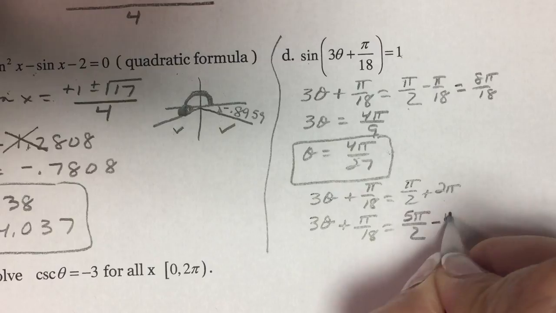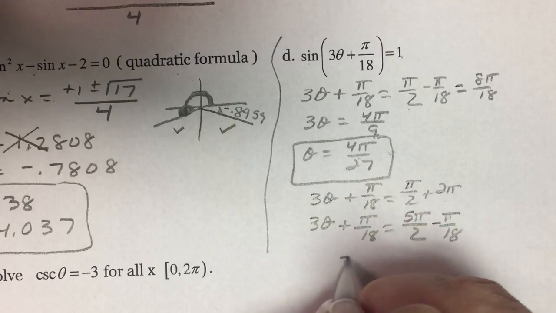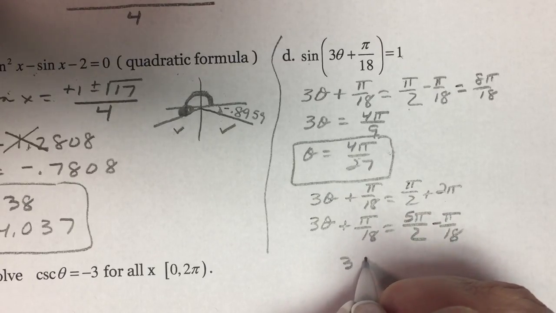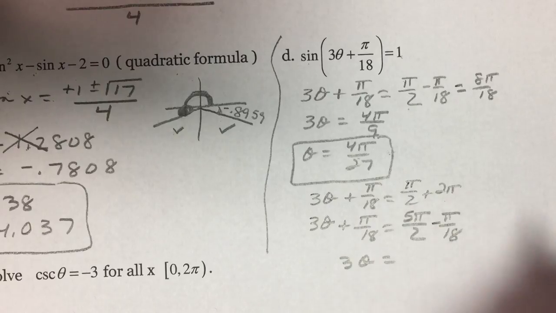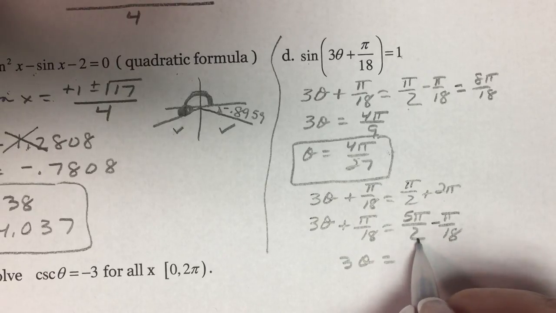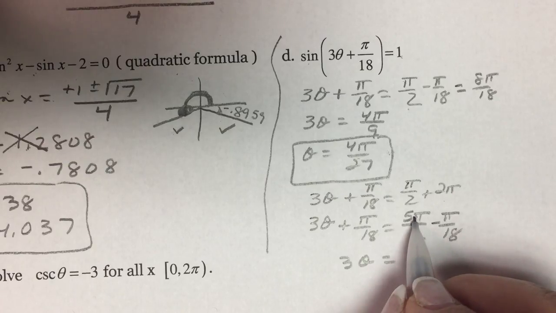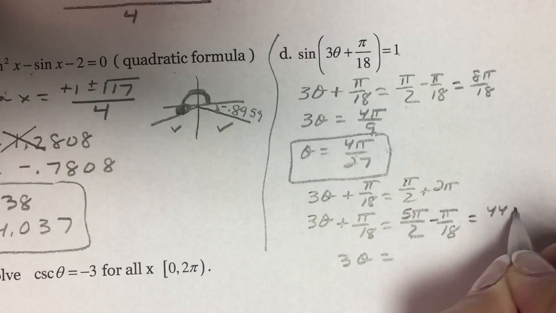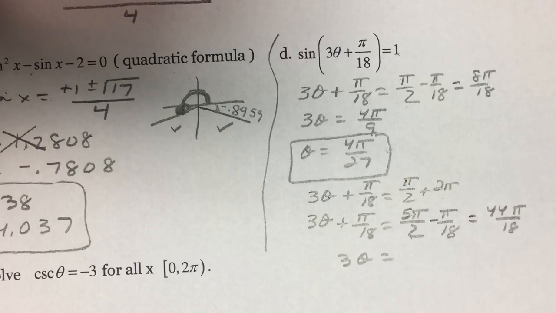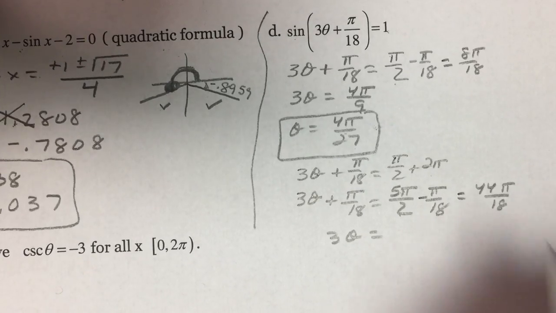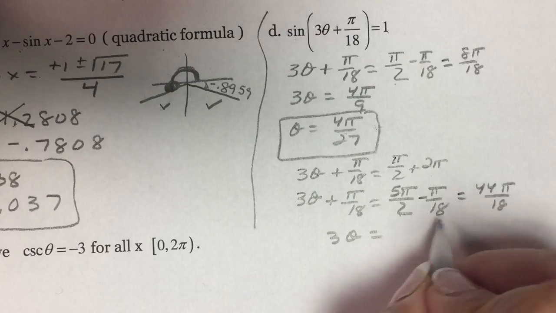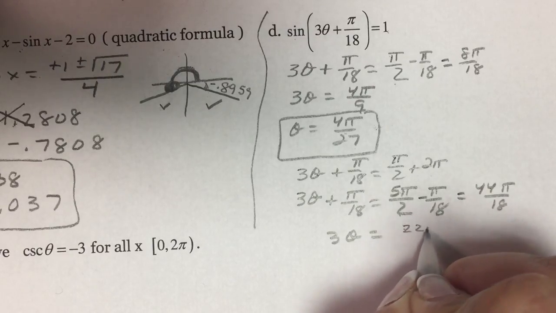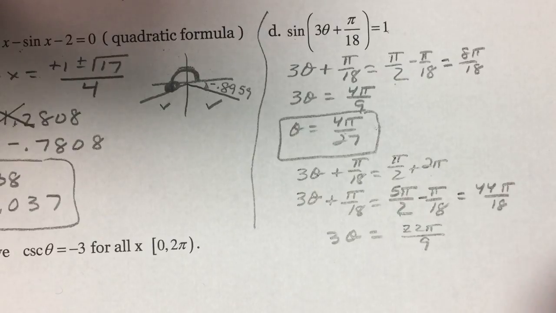I'd have to subtract pi over 18, which would give me 3 theta is equal to, so let's see, if I multiply here top and bottom by 9, that's going to be 45, so that's going to be 44 pi over 18, which if I divide by 2 is going to give me 22 pi over 9.